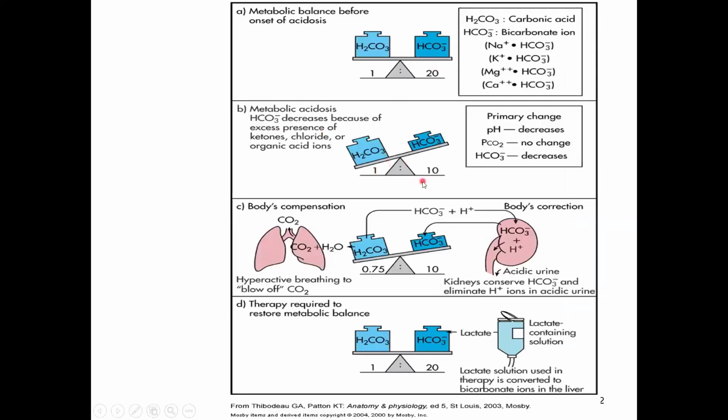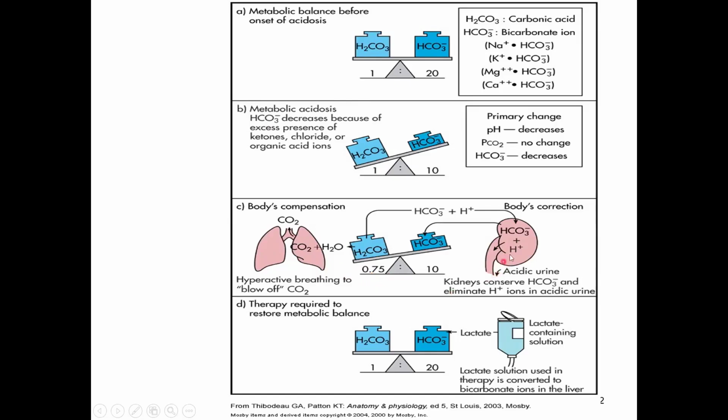So here we can understand like this. Again, the normal ratio, then the disturbed ratio. This time there is a lack of bicarbonate, deficiency of bicarbonate, loss of bicarbonate, and the ratio is disturbed. The body compensates through respiratory mechanisms like hyperactive breathing to blow off carbon dioxide, and in this way you can see that through the respiratory mechanism the body is slightly achieving the normal ratio.